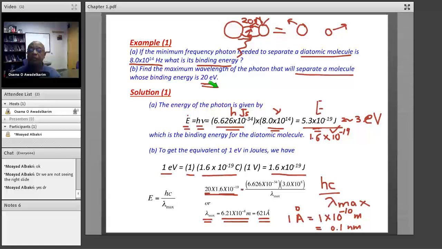Now, as an introduction to this new type of mechanics, we started looking at a different perspective on electromagnetic radiation. We know electromagnetic radiations are waves. We know they have wavelength lambda and frequency nu. We tried to look at electromagnetic radiation as particles, as a shower of particles. Each one of these particles we call a photon.